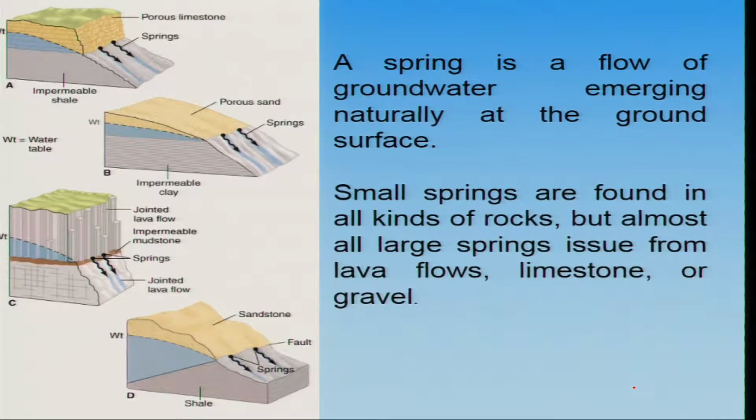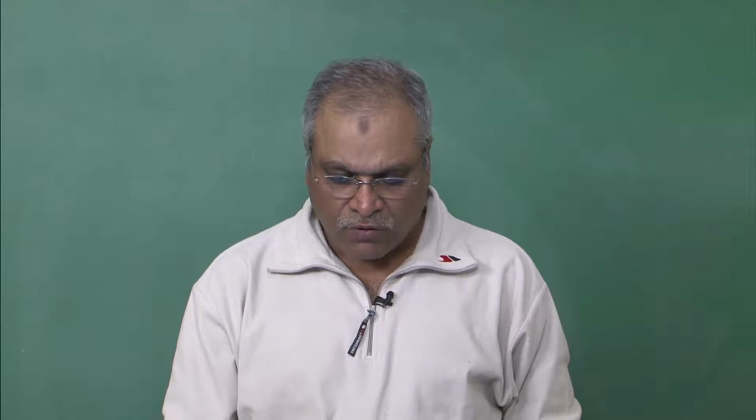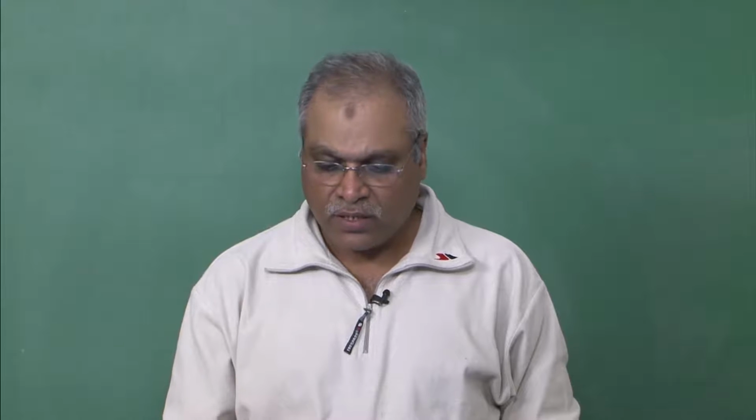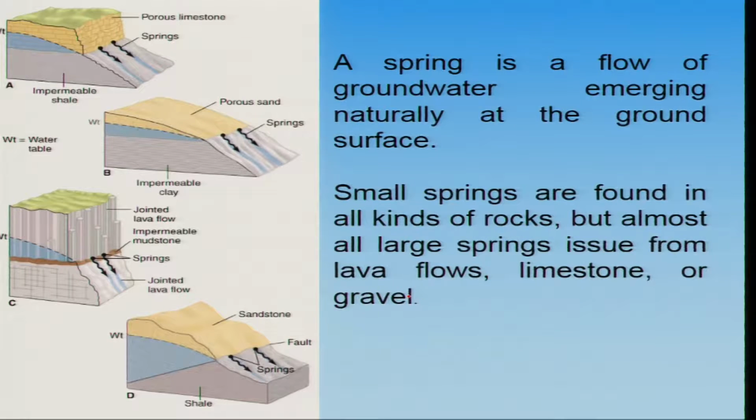Small springs are found in all kinds of rocks, but almost all large springs issue from lava flows, limestone and gravels. If you go to the Himalayas, you will find that the areas having limestone as well as gravelly deposits have many springs which supply groundwater to the areas.